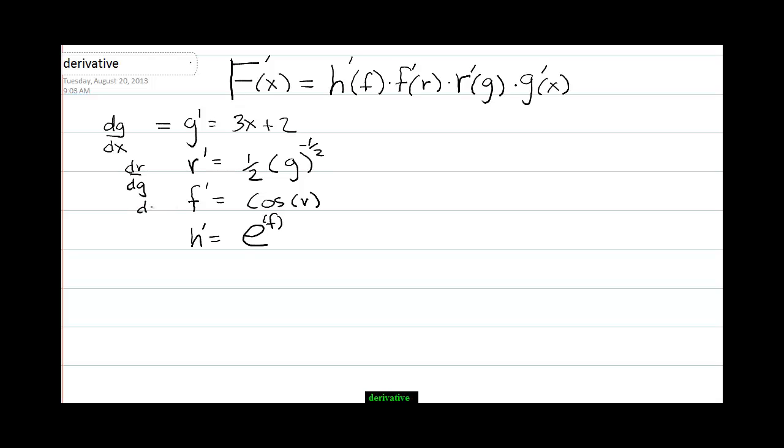Well, we mean df dr. And what do we mean by h prime? We mean dh df. So these notations are all self-consistent, and that will allow us to use either prime notation or Leibniz notation.